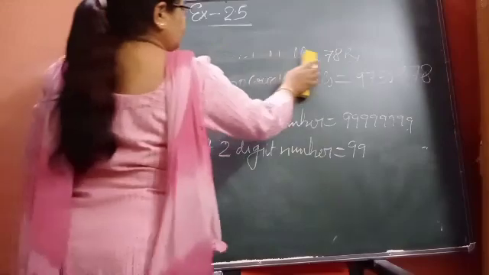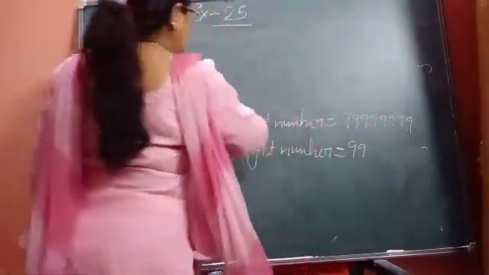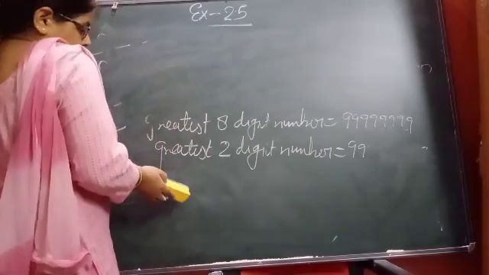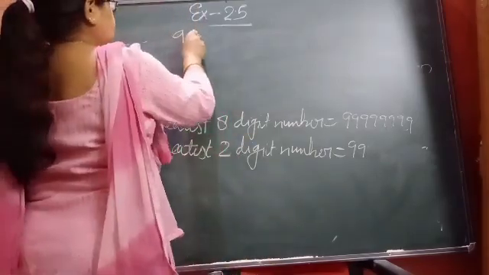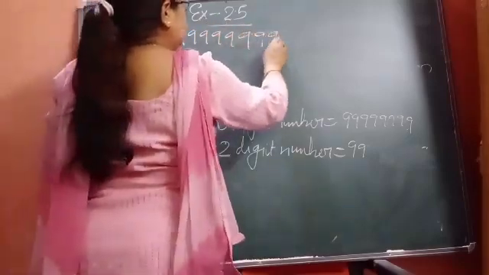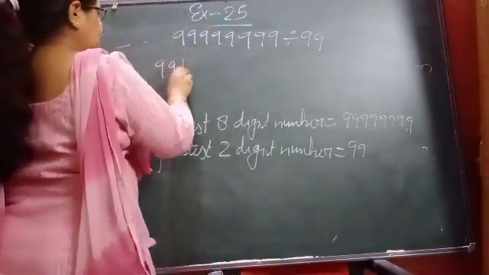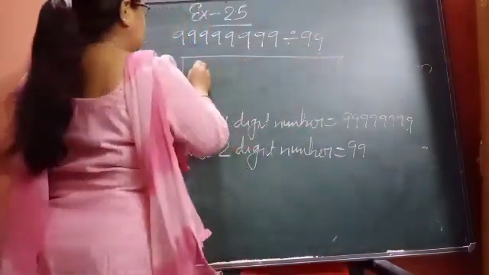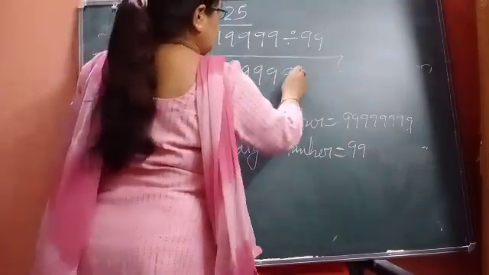So I am performing it here. Just check it. It should be exact. Now I am writing 99999999 divided by 99.